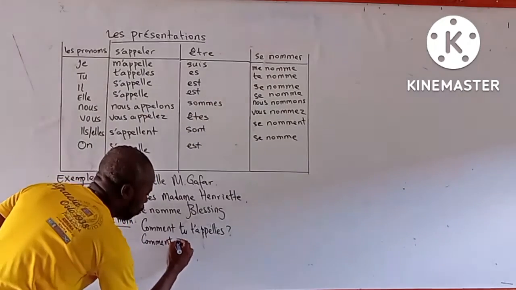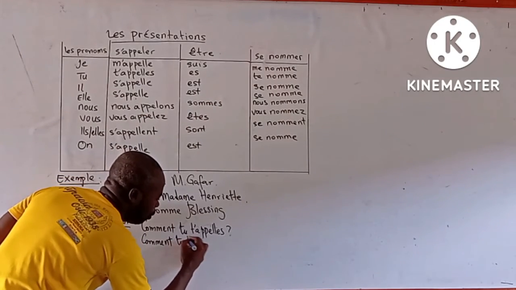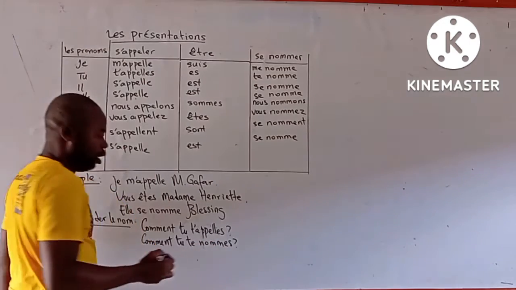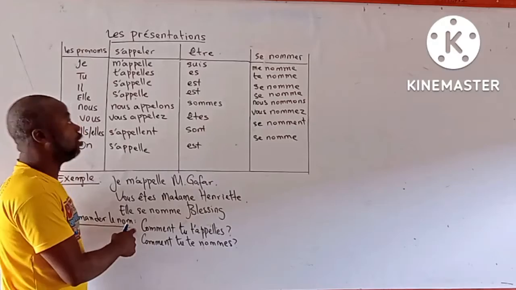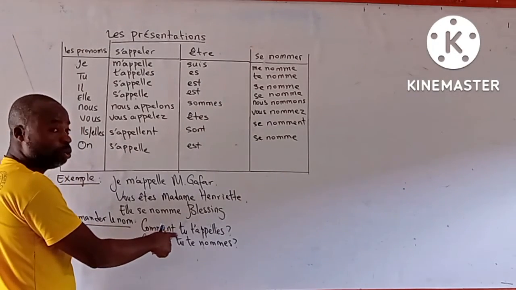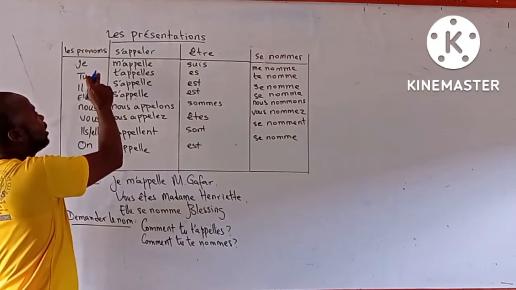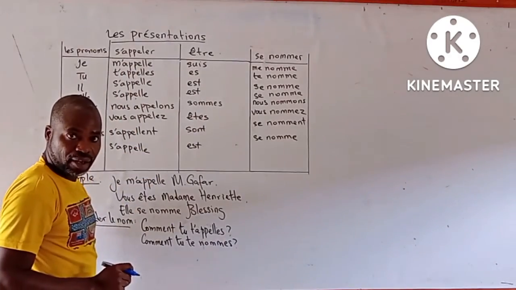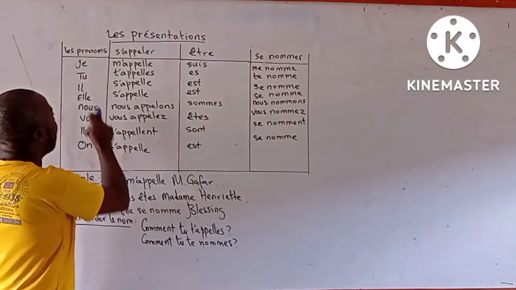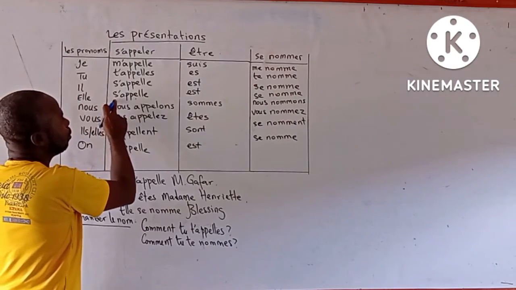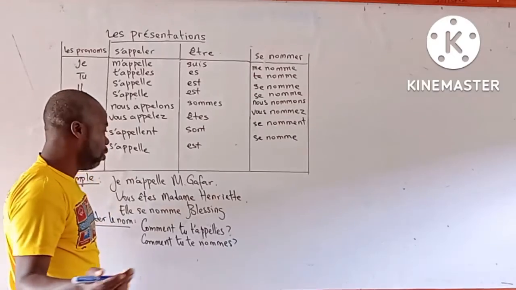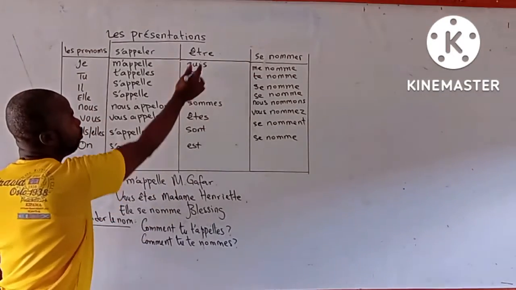Second person. The answer to comment tu t'appelles is very simple. Since the question is tu, your answer is je m'appelle. Je me nomme. Ça va? Comment elle s'appelle? Elle s'appelle. On ajoute le nom. Bien.